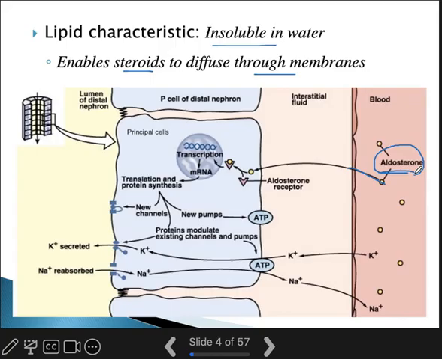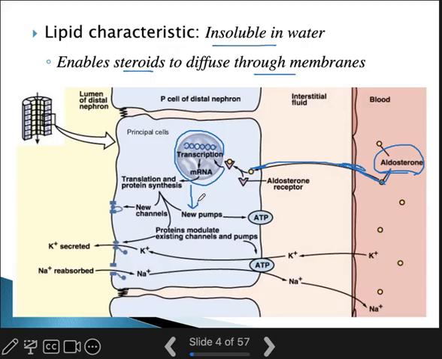Aldosterone is released from the adrenal gland, circulates through the blood, diffuses directly through the cell membrane of the endothelial cells of blood vessels, and then directly through the cell membrane of cells that it's going to be affecting, specifically in the kidney, where we can see the steroid is going to move through the cell membrane and then affect cellular activity at the level of gene transcription and translation.